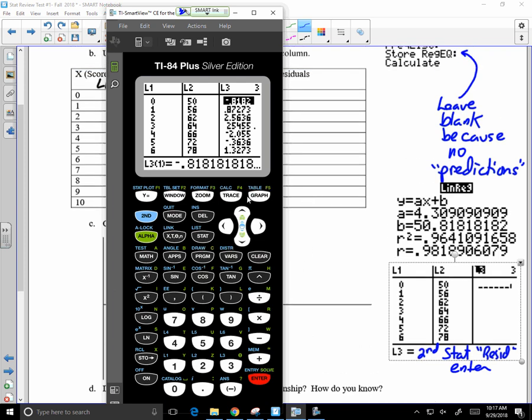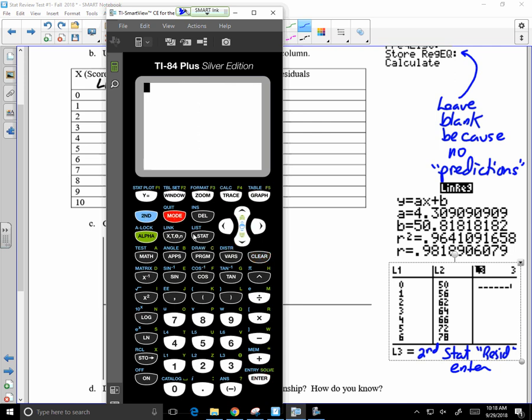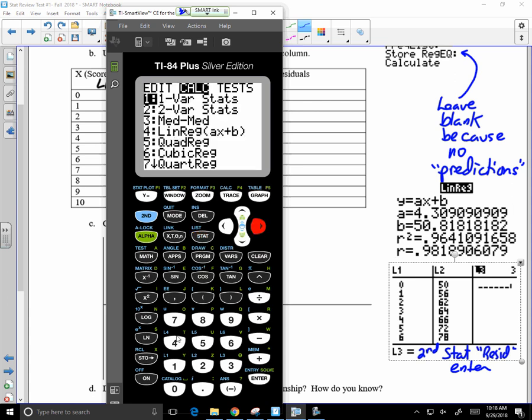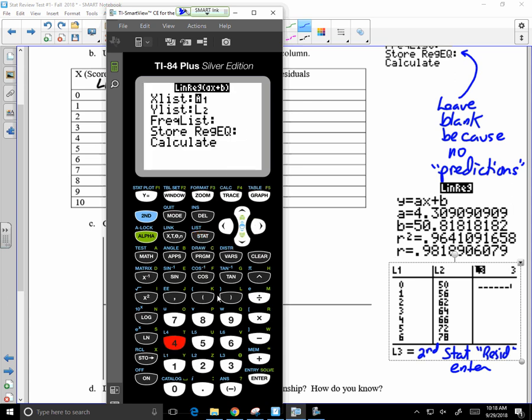All right, so let me do it again in the hopes that maybe errors will go away. All right, so stat, so your data's in, stat calc, option 4. You can ignore store regression equation. Hit enter on calculate. Now you have this stuff.